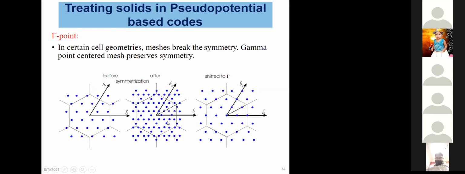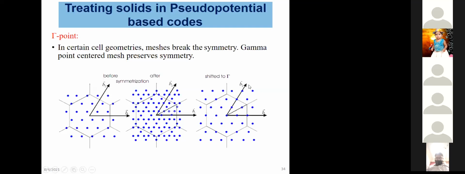Even if we do a symmetric generation of k points, and the center of the reciprocal lattice vectors is not on any k point, then if you look along this dotted line, above and below it along B1 and B2, we do not have evenly spaced k points.